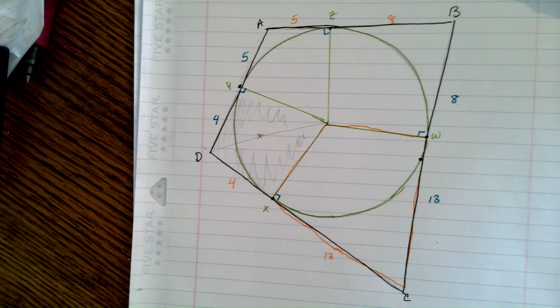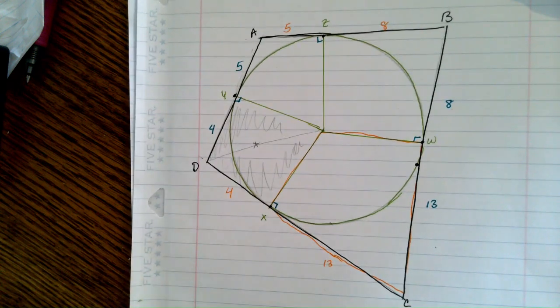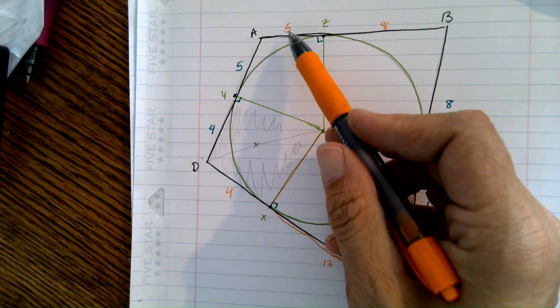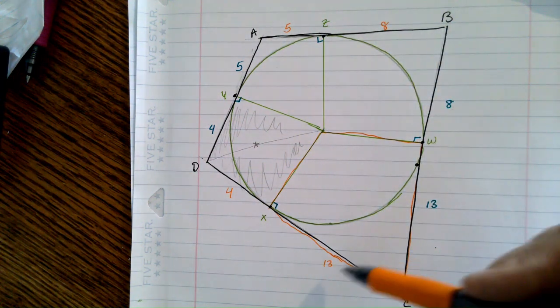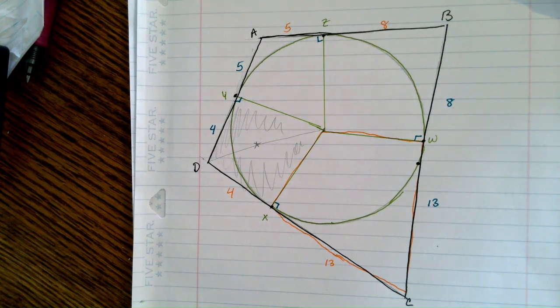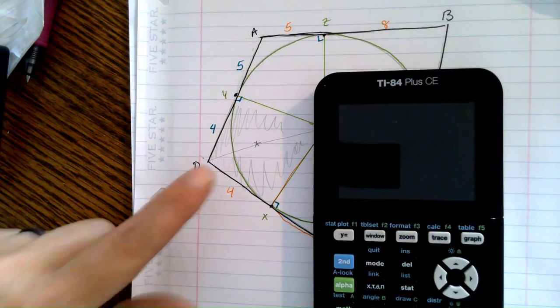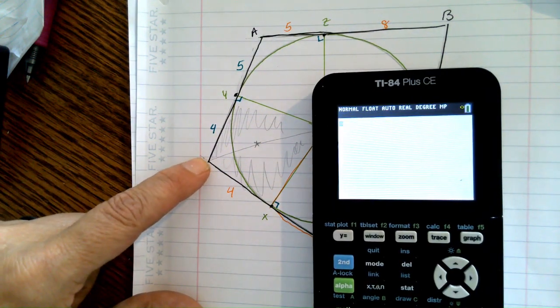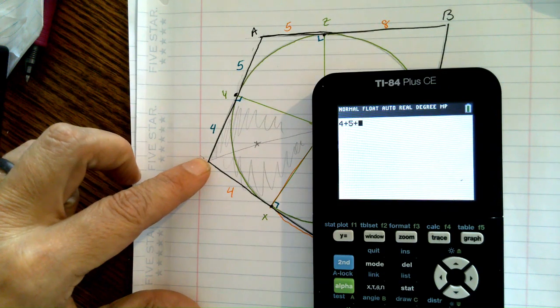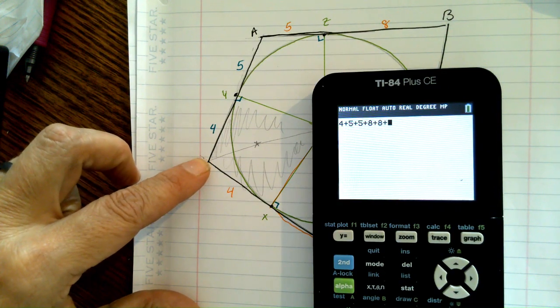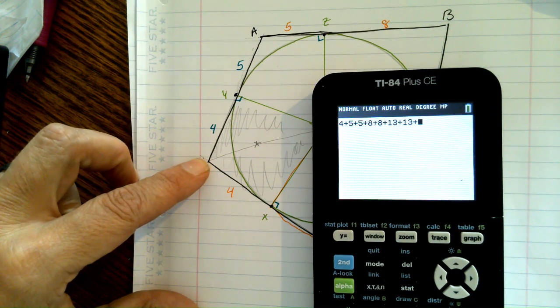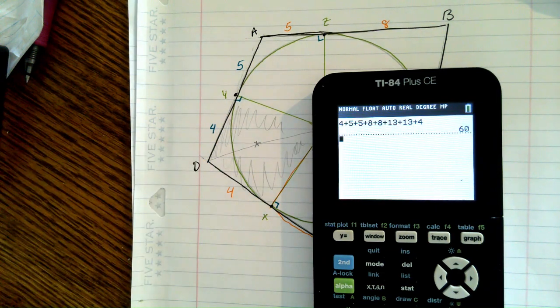And once we see it as 4 kites instead of a bunch of random lines, it makes it easier to see the congruency. So all we have to do is 4 plus 5 plus 5 plus 8 plus 8 plus 13 plus 13 plus 4. That's 60.